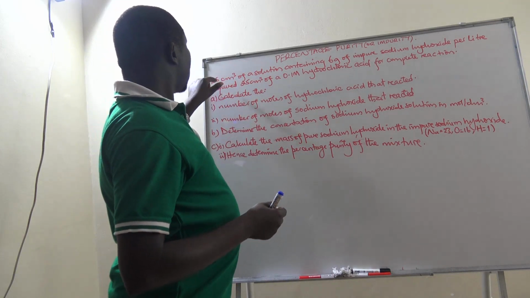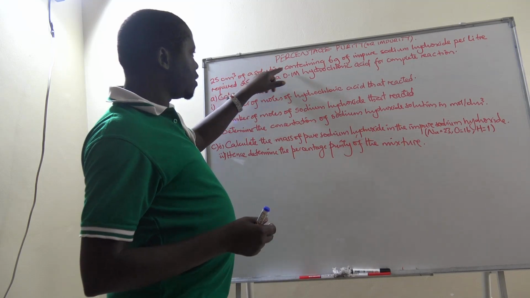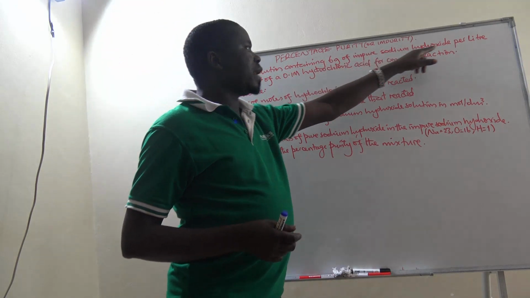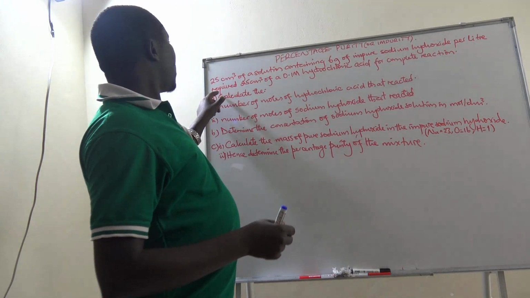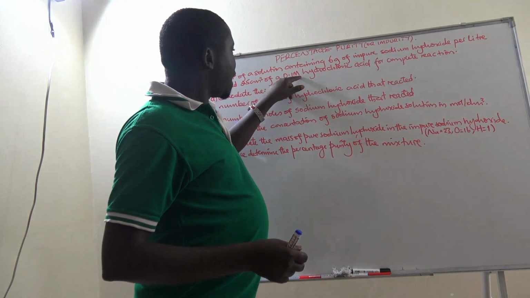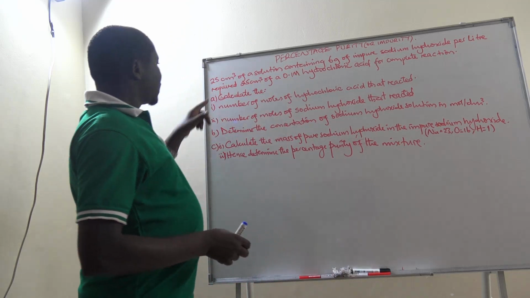So we have this question saying 25 cubic centimeters of a solution containing 6 grams of impure sodium hydroxide per liter required 25 cubic centimeters of a 0.1 capital M hydrochloric acid for complete reaction.